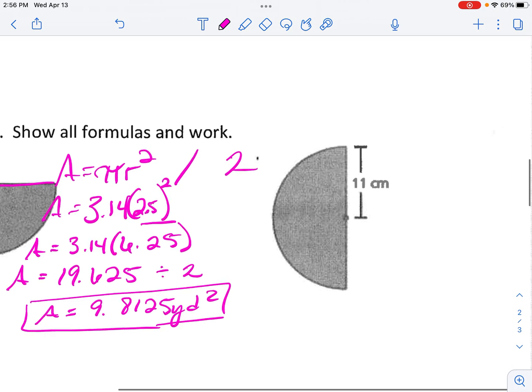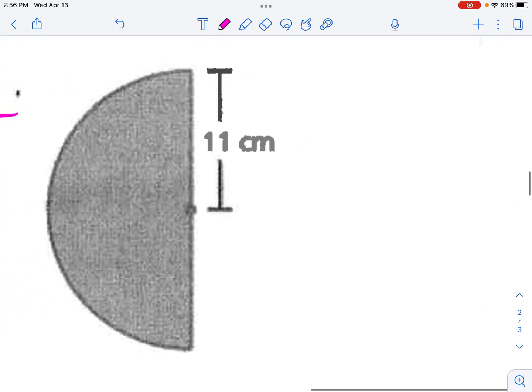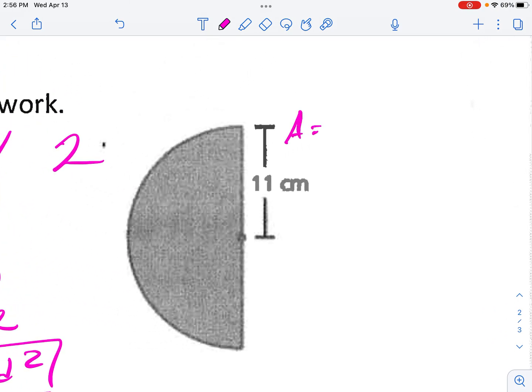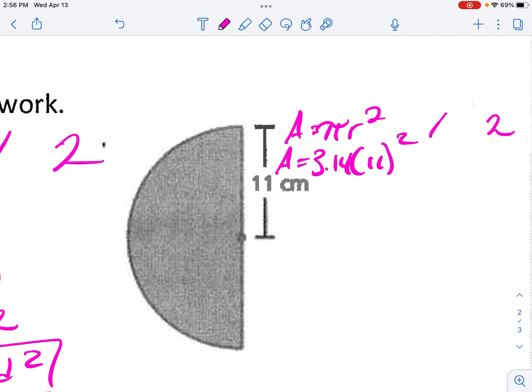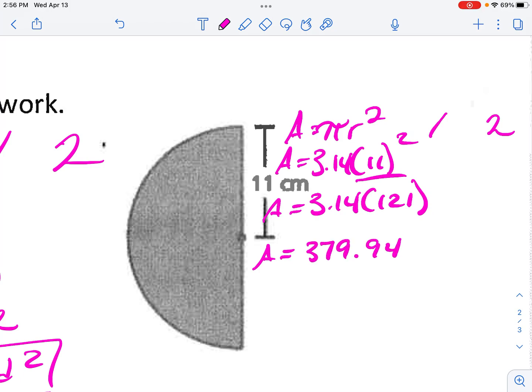And this other one, again, semicircle, a half circle. So I'm going to do pi times radius squared and divide my answer in half since it's a half a circle. It gives us the radius this time, halfway across. And when I do 11 squared, I get 121. 3.14 times 121 is 379.94, and I'm going to divide it in half since it's a semicircle.